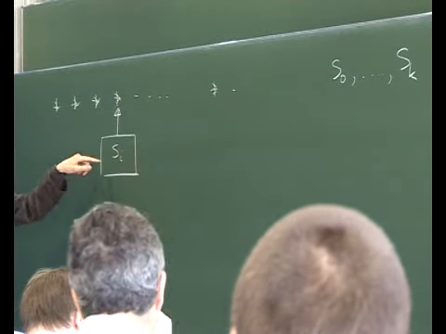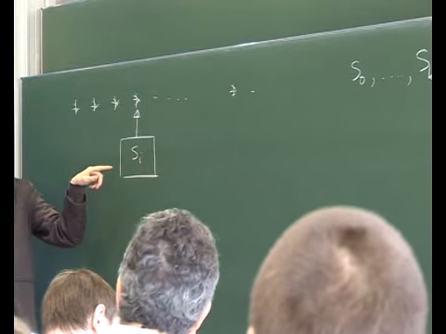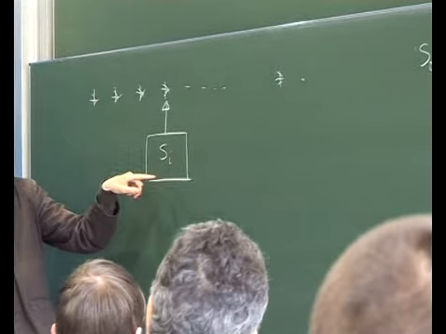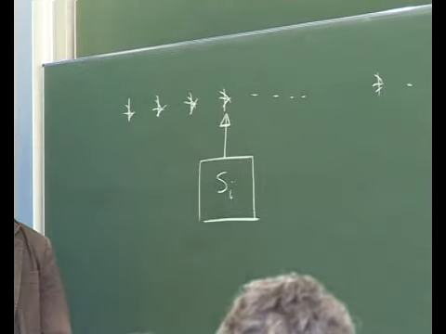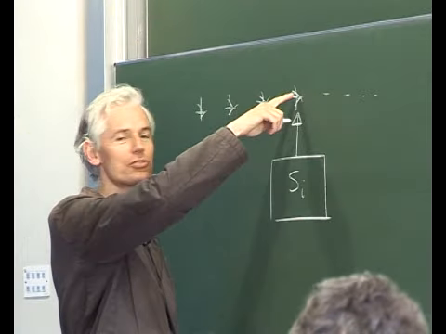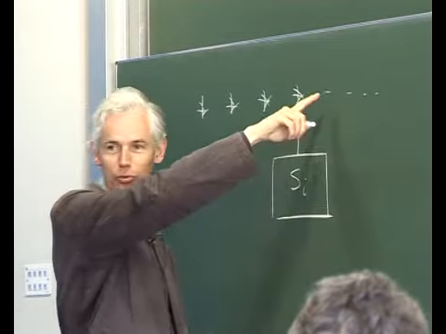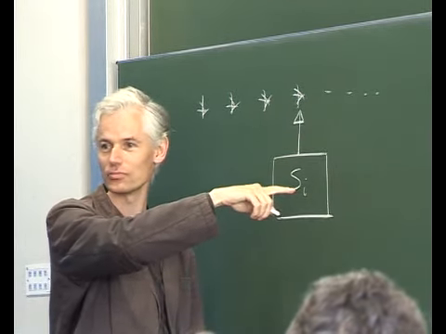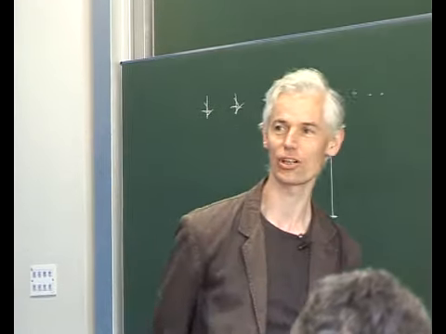Well, S_i has a sequence of instructions. What the instructions tell you to do concern what the bit is here, what state the machine should be in, and where it should be at the next step. So S_i might say something like, if this is a nought, change it into a 1, move to the right by 1, and change the state of the machine to S_j. Something like that. That would be a typical instruction that S_i might have.